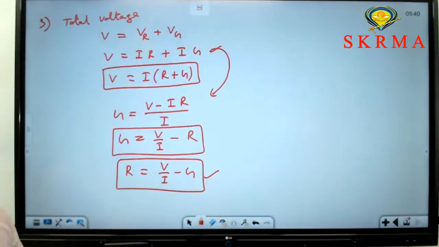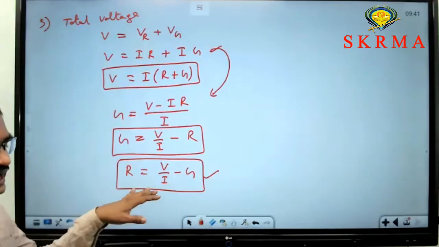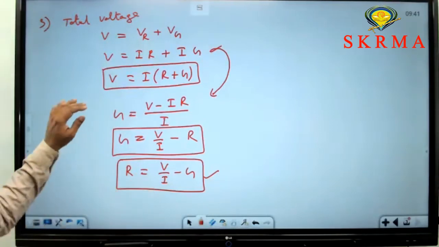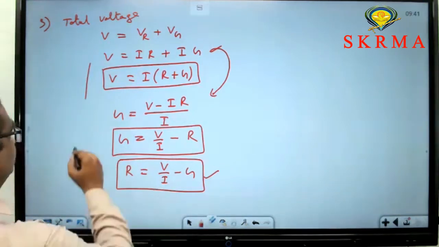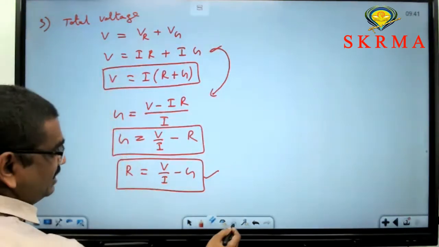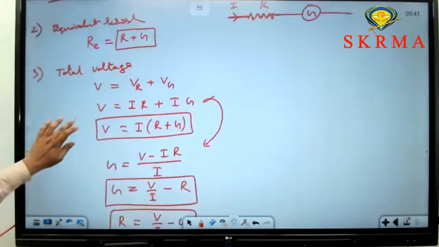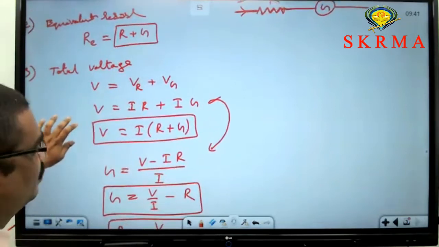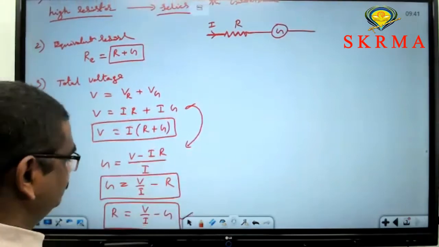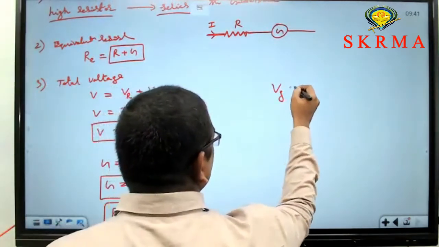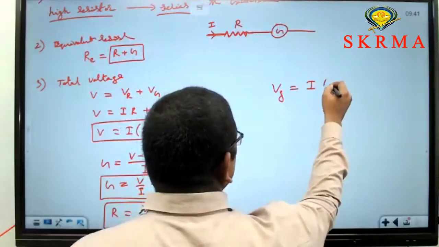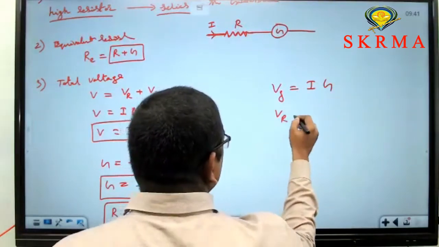Can you write this equation in terms of voltages only? Can you write the same equation by using the voltage across the galvanometer? What is the voltage across the galvanometer? Voltage across the galvanometer is I into G. What is the voltage across the resistor?